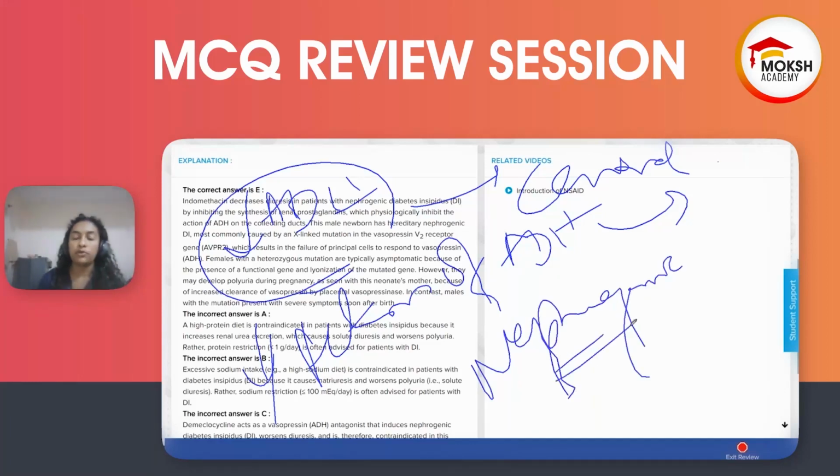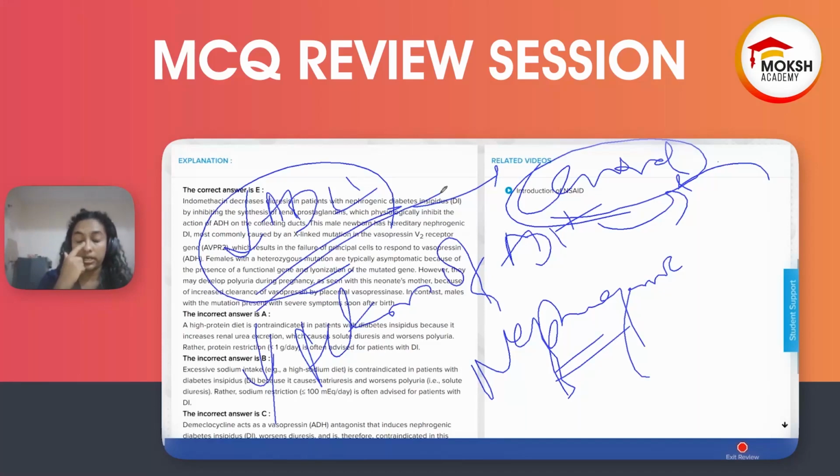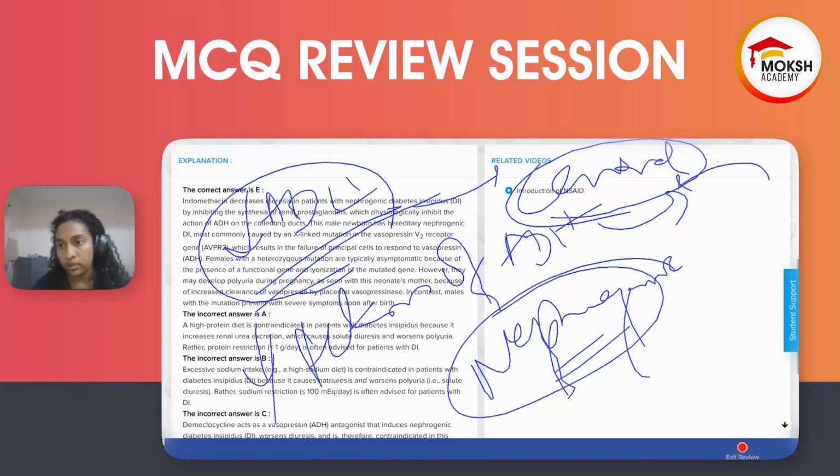How do you differentiate this? If you give an external analog of vasopressin, which improves, central or nephrogenic? Central improves because our receptors are normal. Only our ADH from the posterior pituitary is not acting. So if you give vasopressin analog, central diabetes insipidus is okay, right? Nephrogenic doesn't improve, correct?